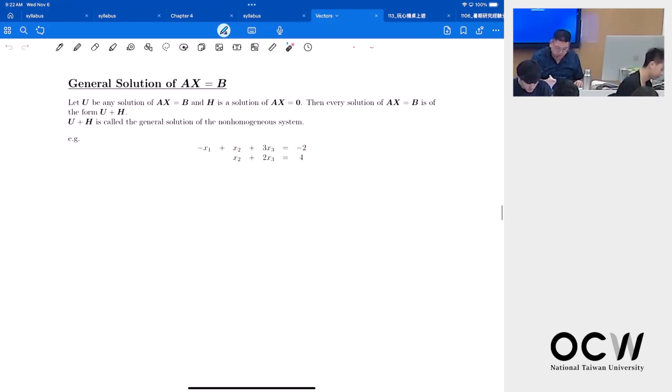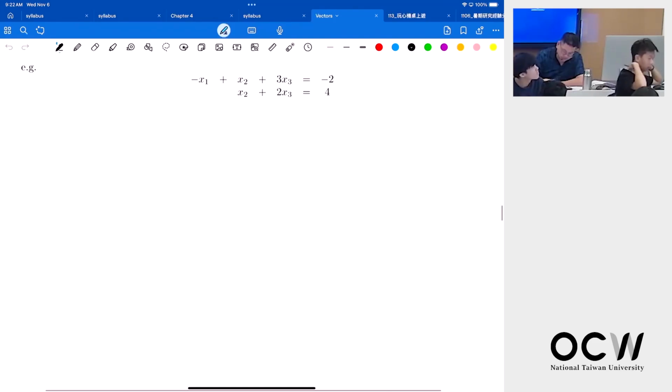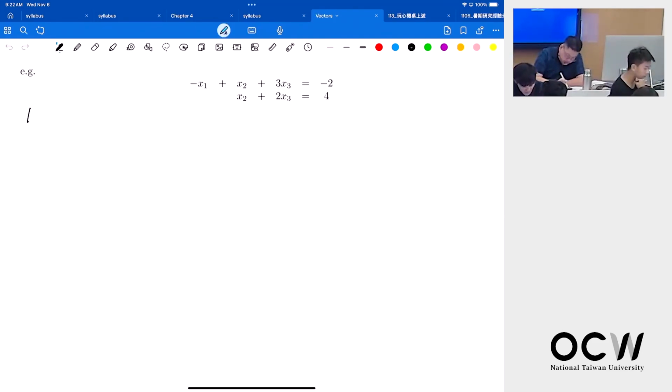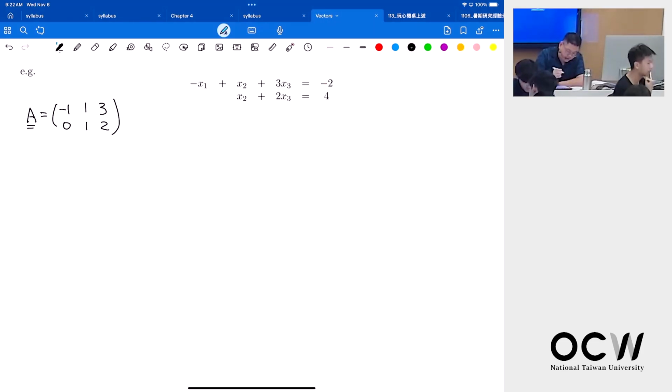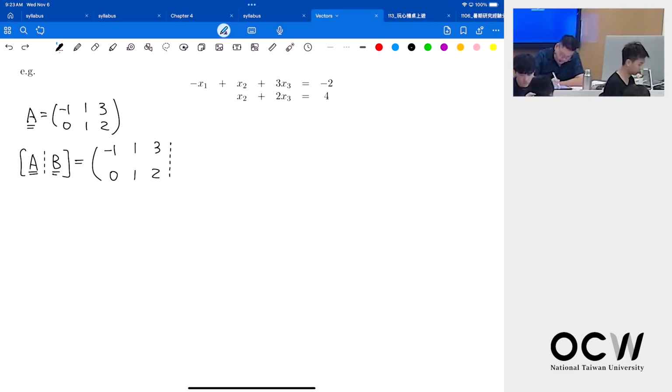So here we know A, this matrix is -1, 0, 1, 1, 3, 2. Now I have a B, so I need to create an augmented matrix, A with B. This augmented matrix will be -1, 0, 1, 1, 3, 2, and -2 and 4.